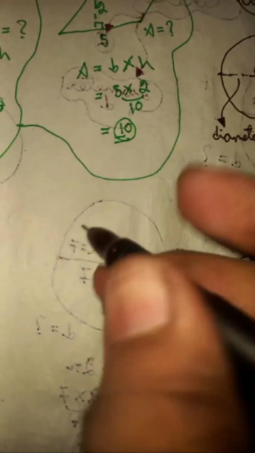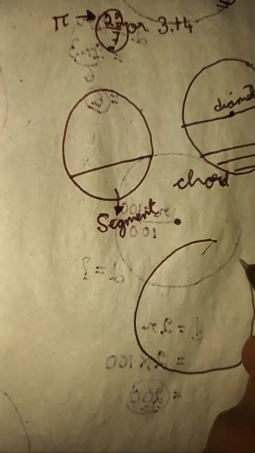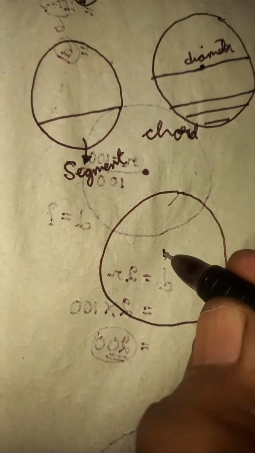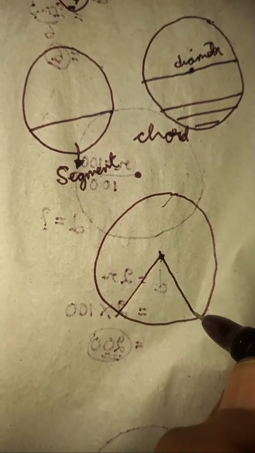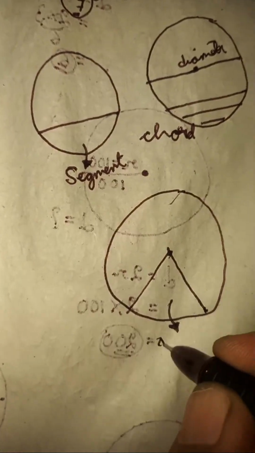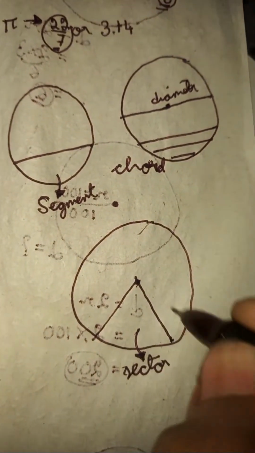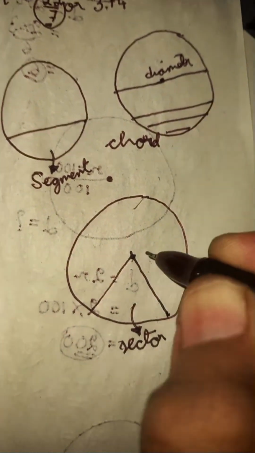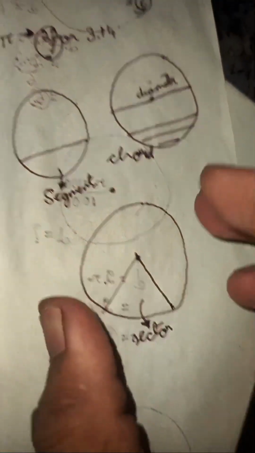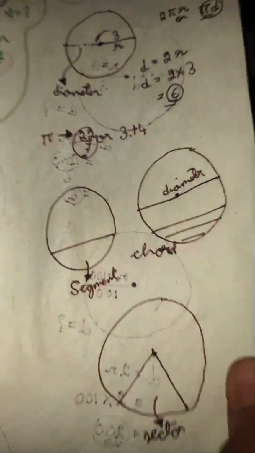In the same way, if you take another circle and put a center point, and make two radii and join them, it makes a sector. Here you can say this is the smaller sector, and that one is the bigger sector. These two are different sectors. So these are sectors, this is a segment, and this is known as a chord of a circle.